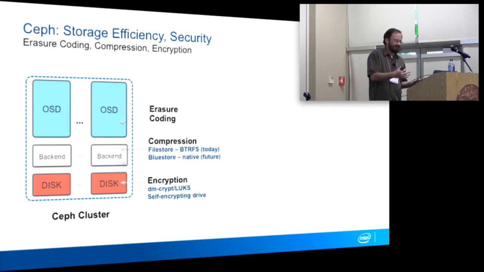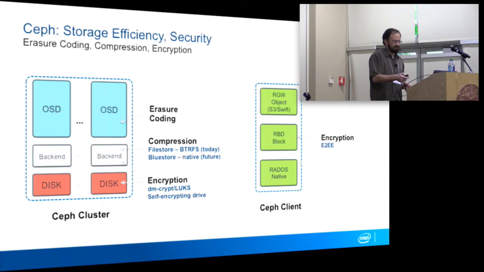And encryption, you could either do it, again, at the file system level or with a self-encrypting drive. But erasure coding is done in the OSDs. Encryption can be done in different places too: at the RBD block level, natively, or in the RBD object.